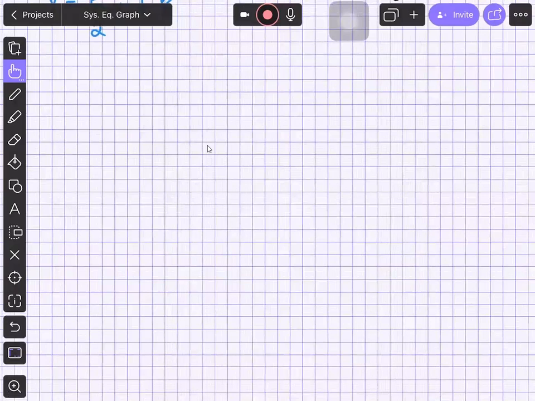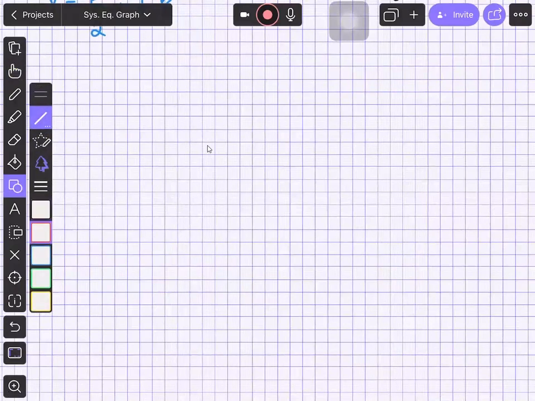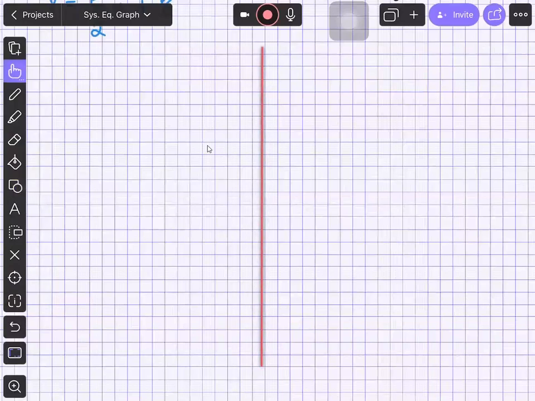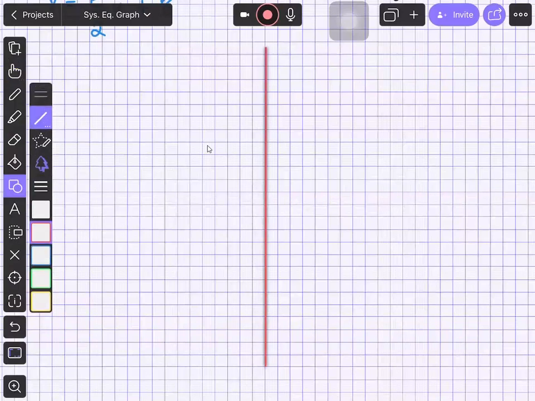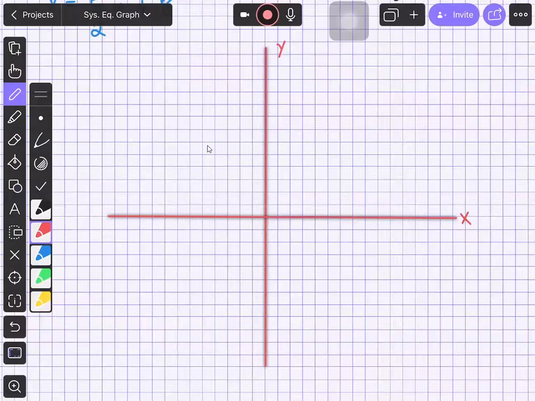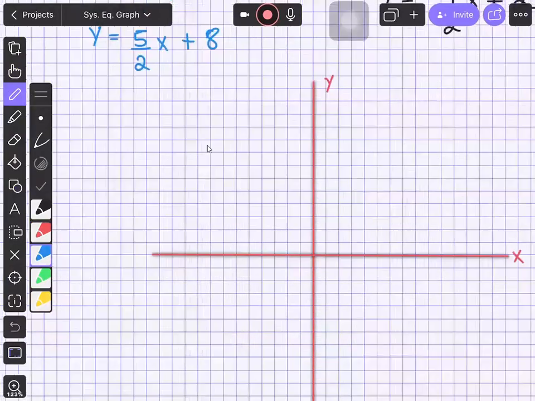So let me draw my y-axis. There we go. And now my x-axis. All right. So y and x. So let's begin with the blue line.